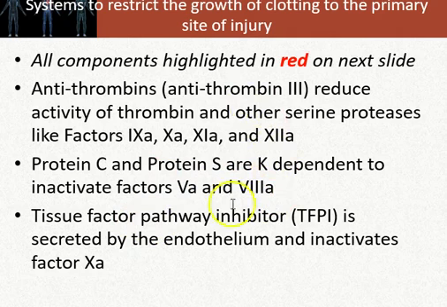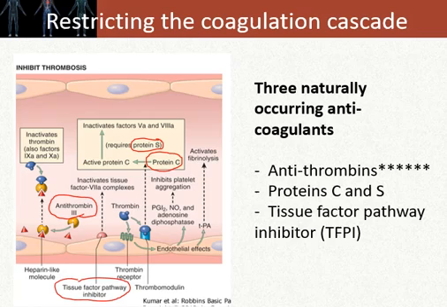And so there are built-in control mechanisms that restrict or inhibit the coagulation cascade. And so what we also can do from a pharmacologic standpoint is utilize those same concepts and have drugs that can mimic these effects. And this is clinically significant, as you'll see in the latter part of this lecture.